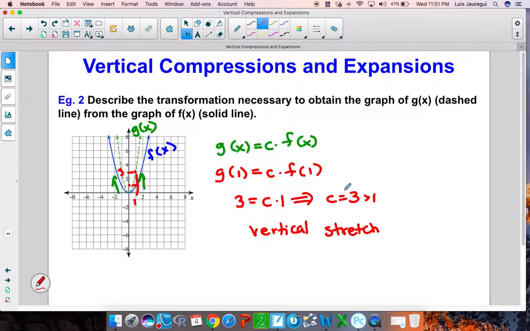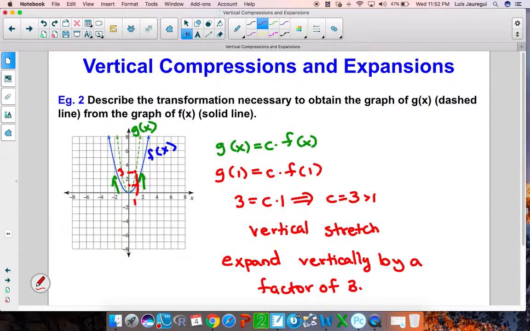So to describe the transformation, we can say that we need to expand vertically by a factor of 3. Make sure that 3 looks good for you. Now let's see two more examples here.